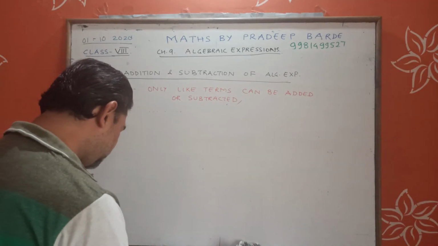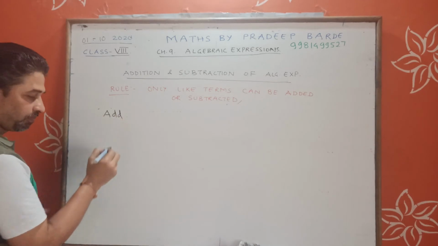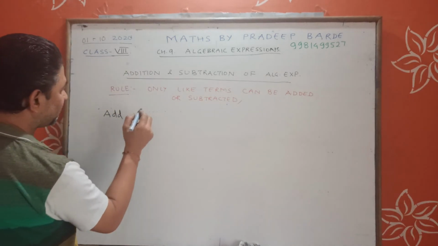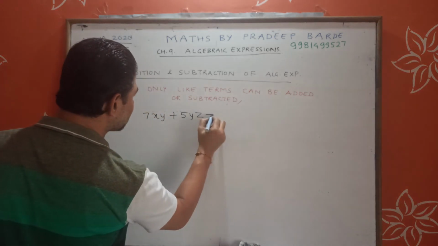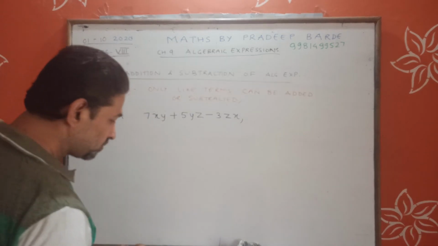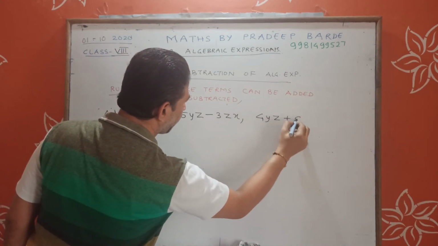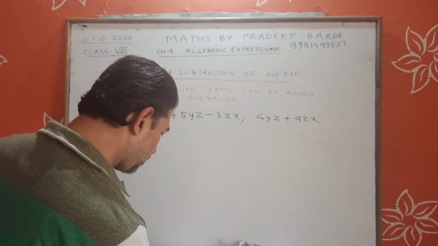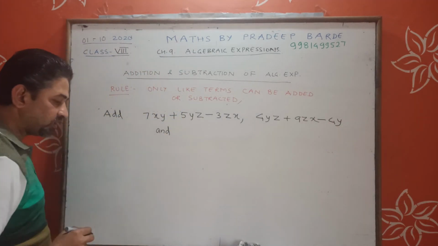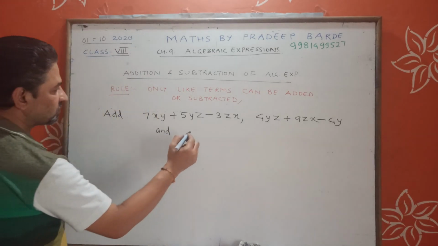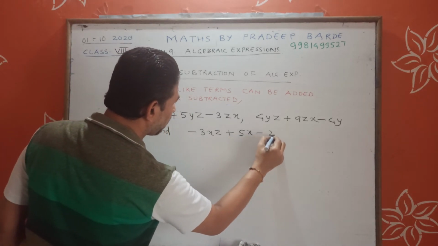Another example, add 7xy plus 5yz minus 3zx, comma, 4yz plus 9zx minus 4y, and minus 3xz plus 5x minus 2xy.